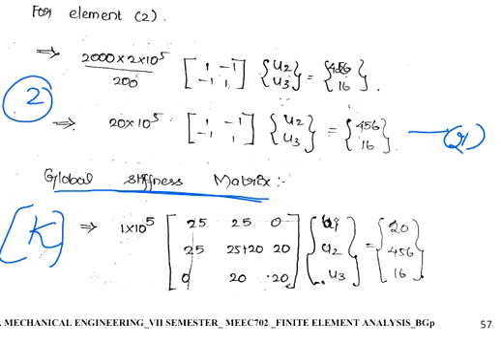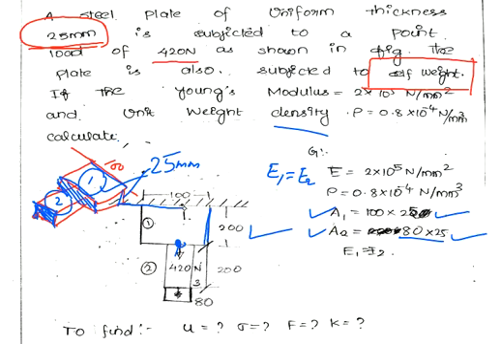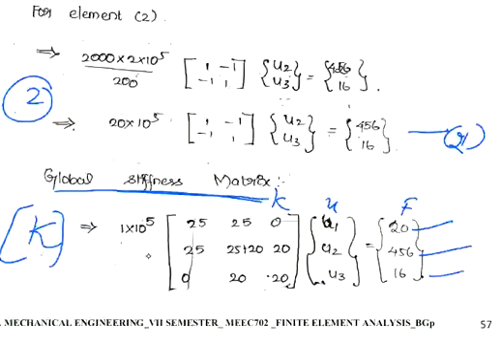Okay, what are the boundary conditions here? U1, U2, U3, this is K, this is U is equal to F. Okay, so K is calculated from the global stiffness matrix. U1, U2, U3, forces are F1, F2, F3. So already you have calculated the force vector 20, 456, 16. So what will be the boundary condition for this problem? When you see the diagram, only one end is fixed. It means rigid here, so the boundary condition will be 0 only at node 1.